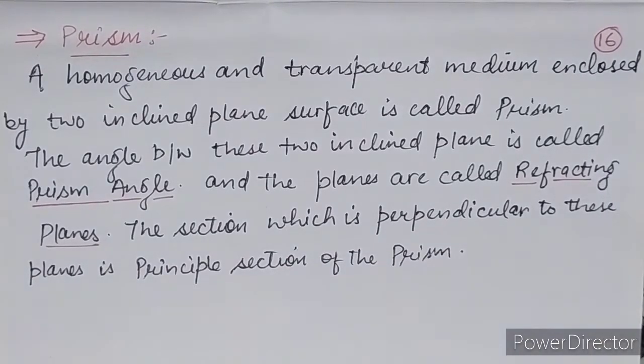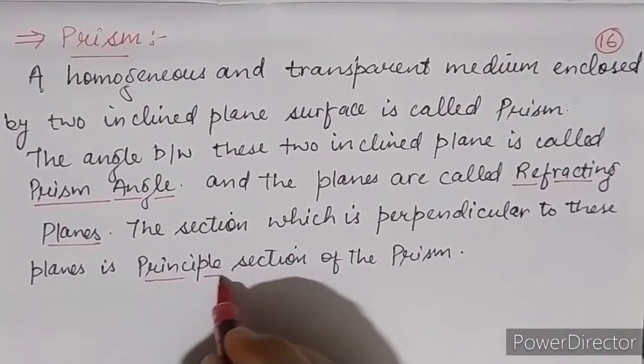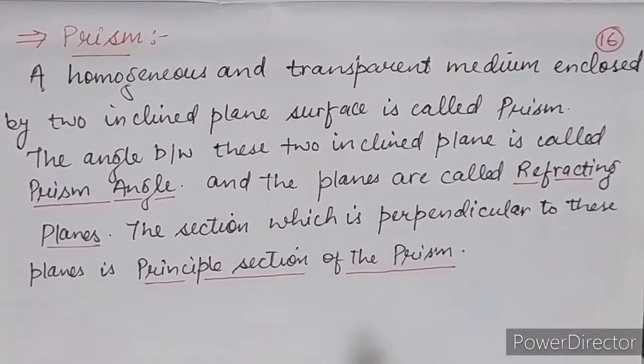What is that, beta? It is the principal section of the prism.